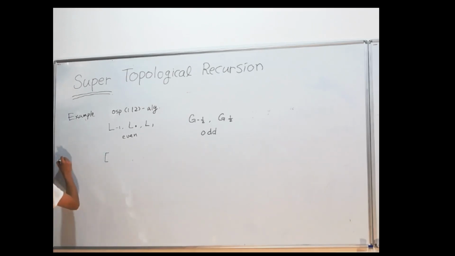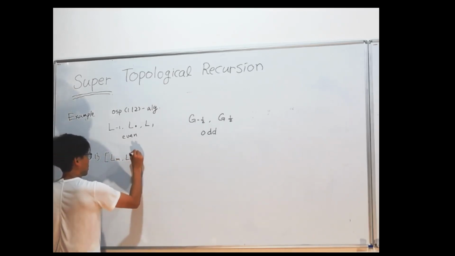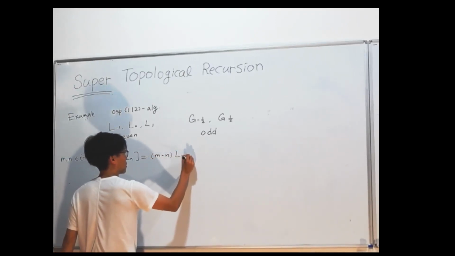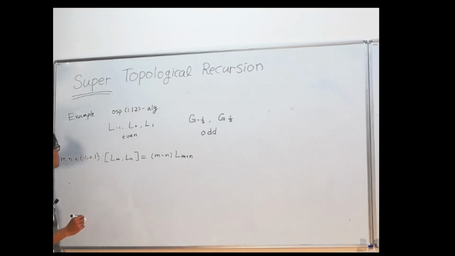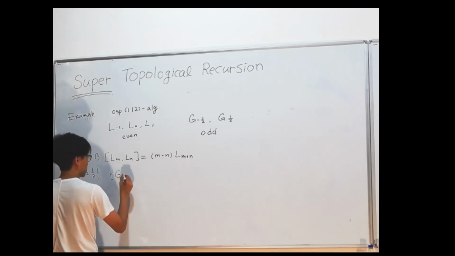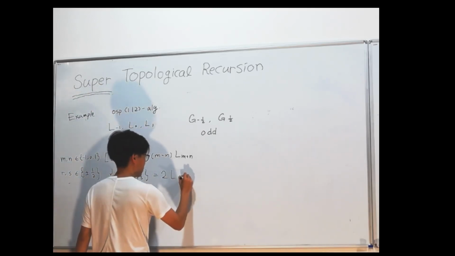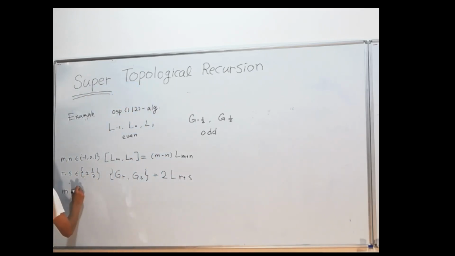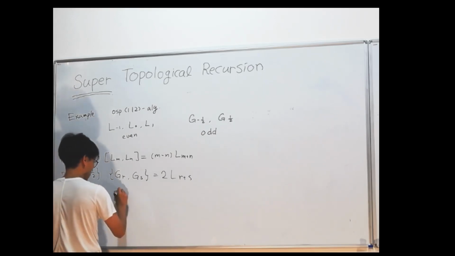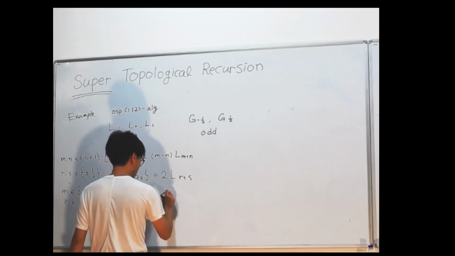satisfying the following relation. For m, n in either -1, 0, 1, L. And then for r and s in either plus or minus half, the anti-commutator of G_r and G_s equals twice of L. And then the third, m is in one of those, and r is in plus or minus half, then the commutator of L_m and G_r is given.